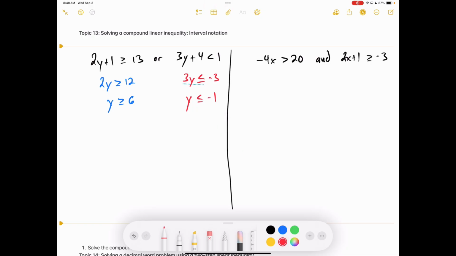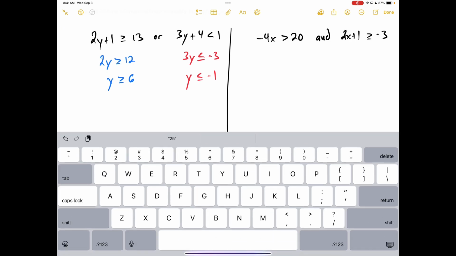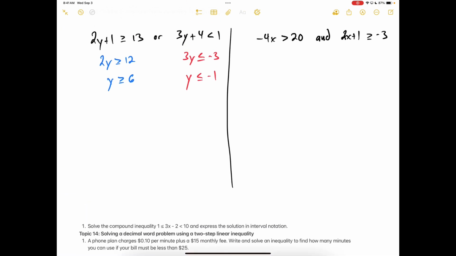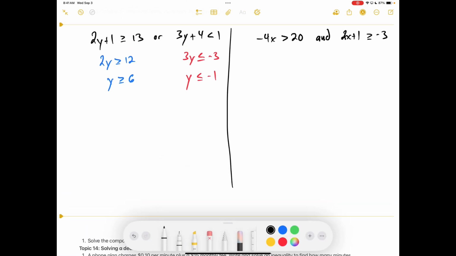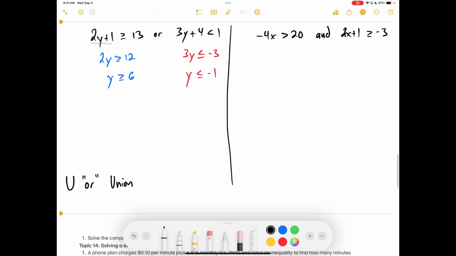So the rule for or and and. In math, they use this symbol for or. It's called the union symbol. And what it means is, when you're talking about sets, yes. Are you using greater than or equal to, or just the less than?